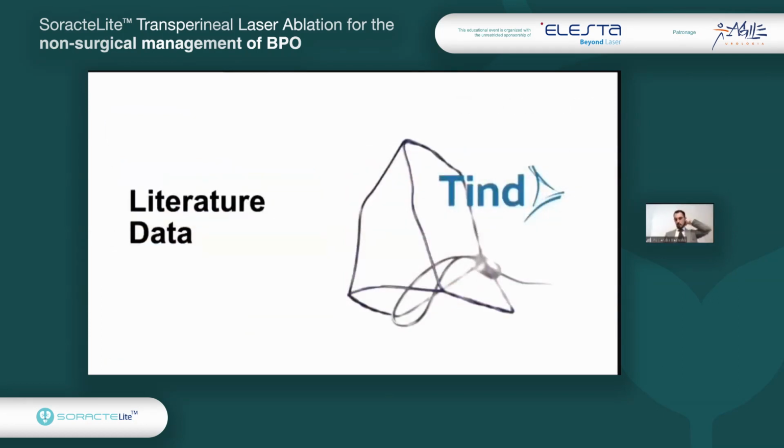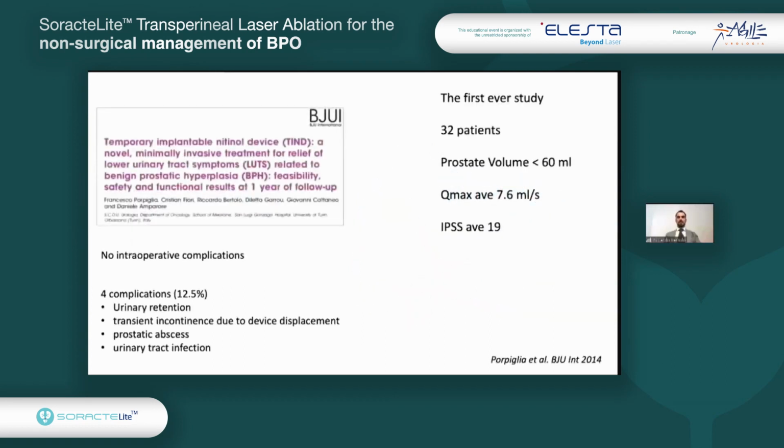The literature data about the temporary implantable Nitinol device started with the first generation that is now out of the market. The first ever study was performed on 32 patients. I am pretty familiar with this research group. The prostate volume was below 60 milliliters, and you can see the patients were obstructed with an average Qmax around 7 milliliters per second with a high IPSS.